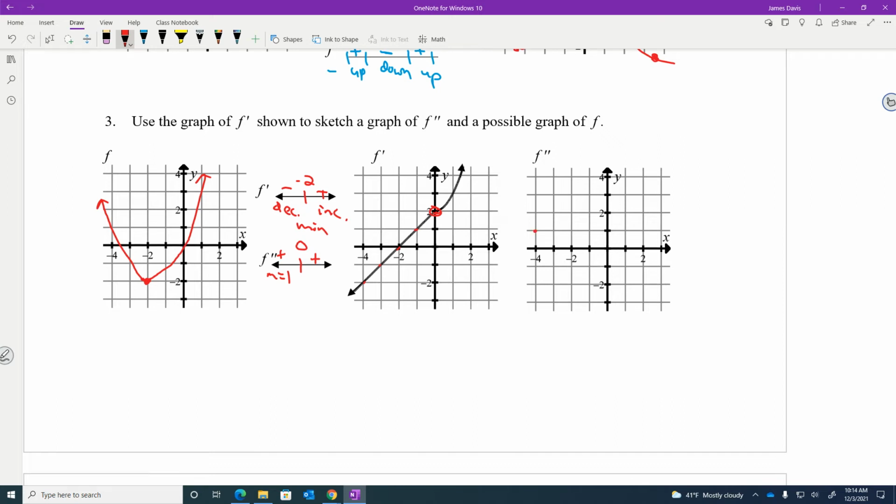Since the slope is 1 all the way up to 0, the slope is 1 all the way along here. So we're just putting dots. And -4 it's 1, and -3 it's 1, and -2 it's 1, and -1 it's 1. So this ends up being just a linear equation, a straight line. But then it's undefined at that spot right there. So you guys should just put a hole there.